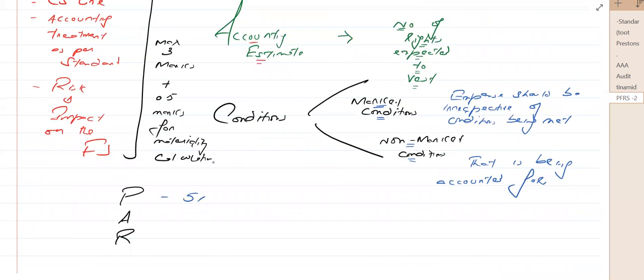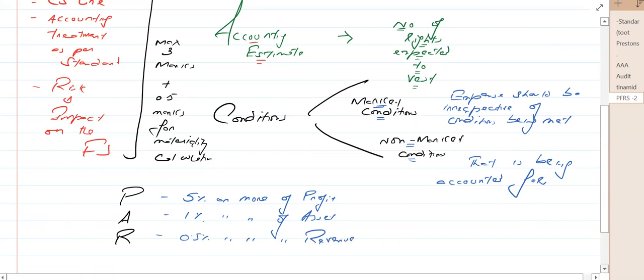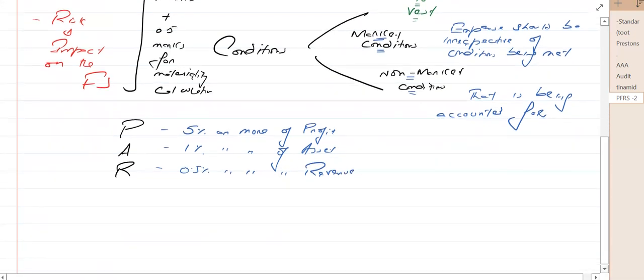So 5% or more of profit, 1% or more of asset, and 0.5% or more of revenue. So based on these benchmarks, actually we calculate the materiality.